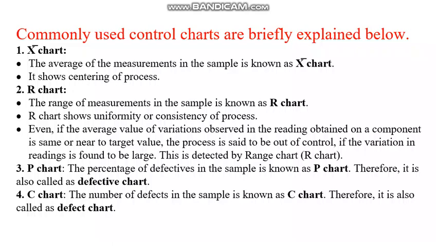The number of defects in the sample is known as the C chart. Defective is different, defects is different. In one defective part there can be a number of defects. So the C chart is used for defects, therefore it is called the defect chart.